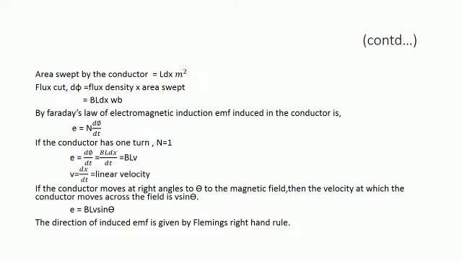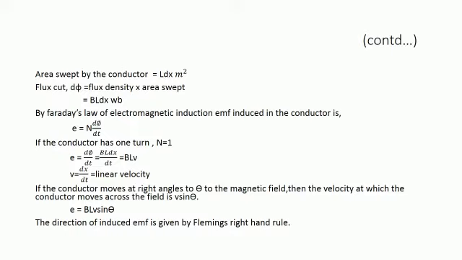By Faraday's law of electromagnetic induction, the EMF induced in the conductor is E equals N d phi by dt. If the conductor has one turn, N is equal to 1. Now E equals d phi by dt, which is equal to B L dx by dt, equal to B L V, where V equals dx by dt, the linear velocity.